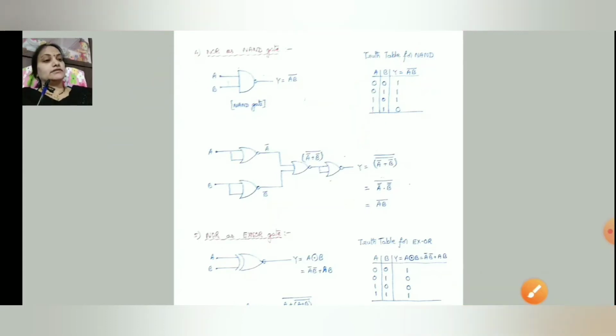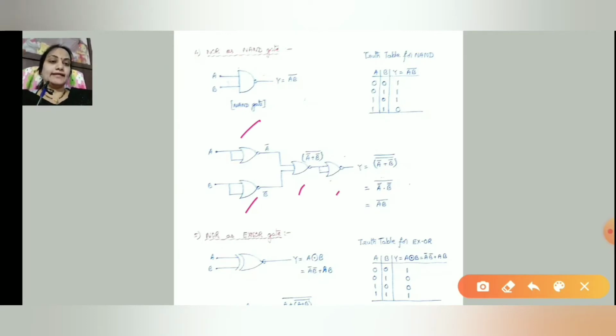Here in this chart you can observe there are 4 NOR gates to satisfy a NAND gate. From this chart you can observe that this gate is an inverter. Why? The inputs are connected to each other.